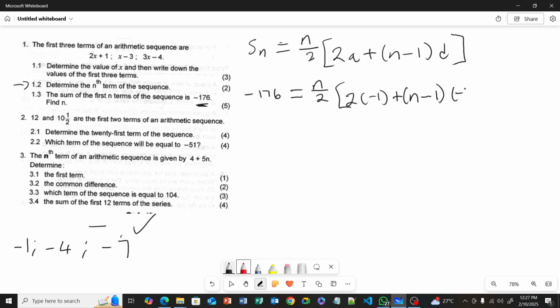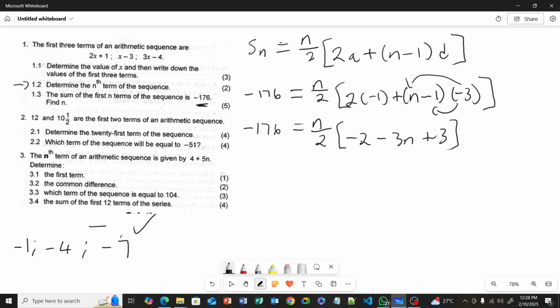Since it has a negative sign, we are going to put it inside brackets. Now let us try to simplify what you see on the board. We have negative 176, which is equal to n over 2 into 2 times that, it's minus 2. So now we foil, we are going to have a negative 3n, then we foil again, it's going to be positive 3. So if we simplify, minus 2 plus 3 will give us positive 1.